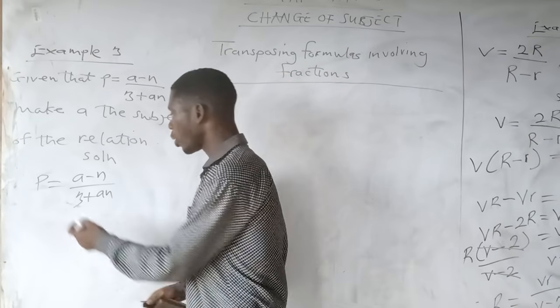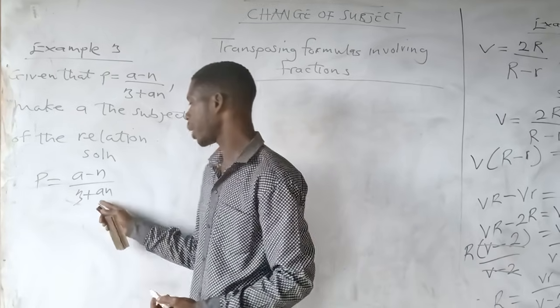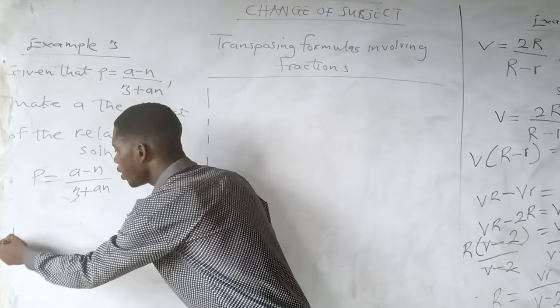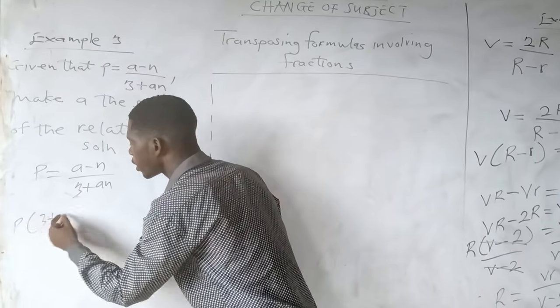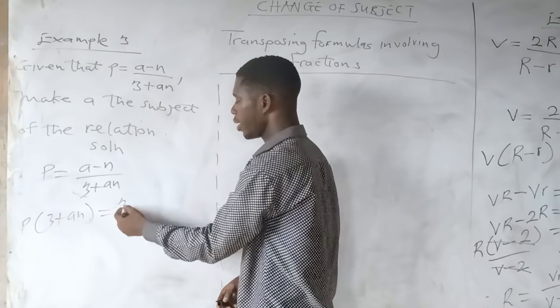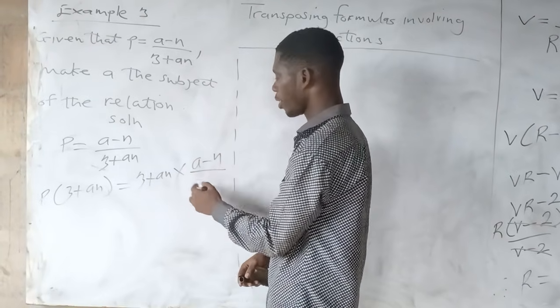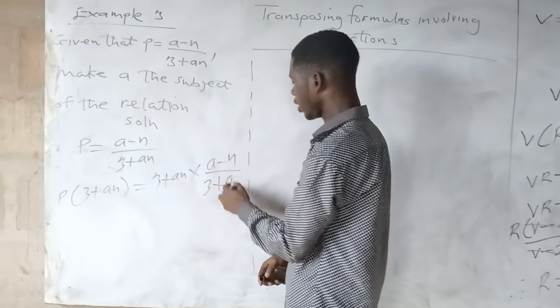So we multiply both of them by 3 plus AN. So P multiplying 3 plus AN, equal to the same 3 plus AN multiplying A minus N over 3 plus AN.